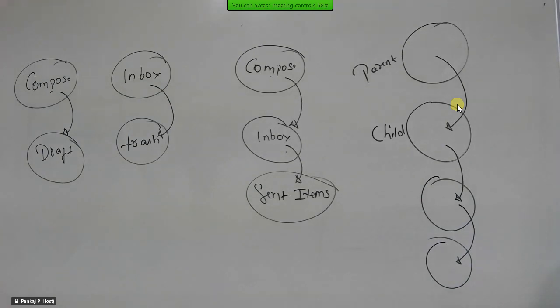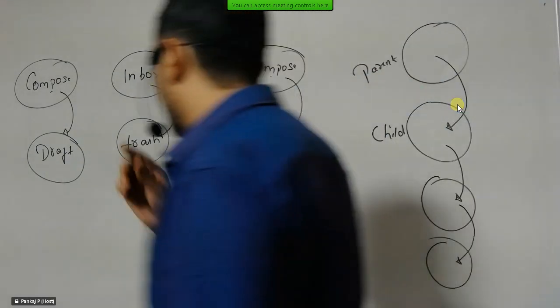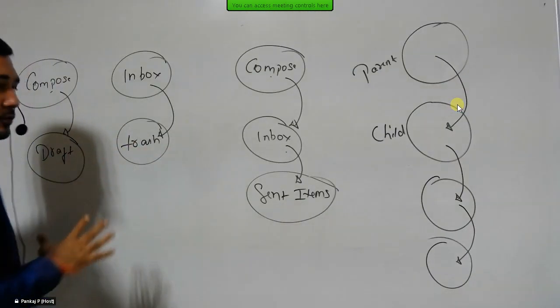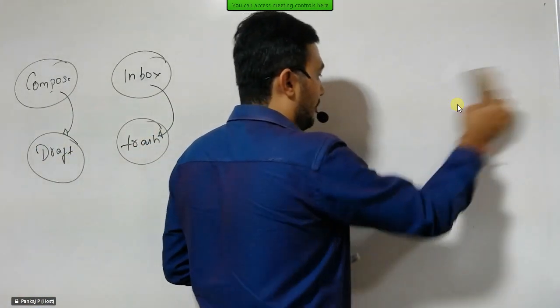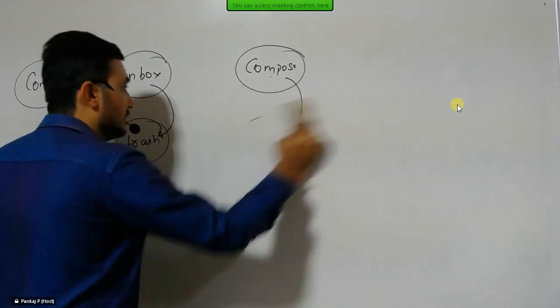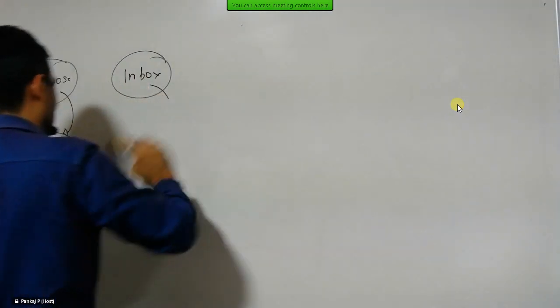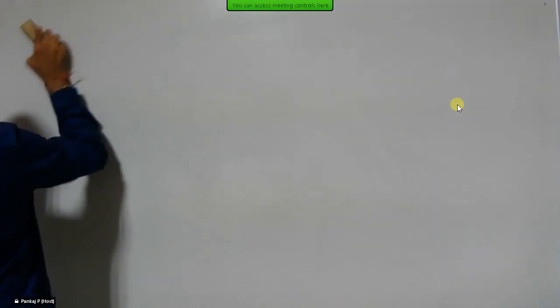Let's proceed further. Then what is bottom-up approach? Top-down approach I got to know. What is bottom-up approach? Let's see that here. Now bottom-up approach is the opposite. Parent feature to child feature is top-down.